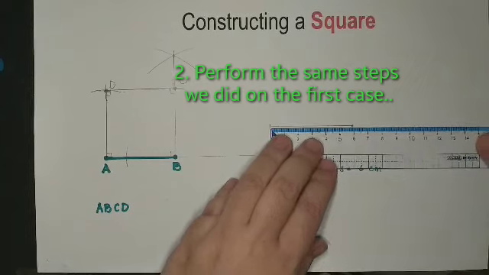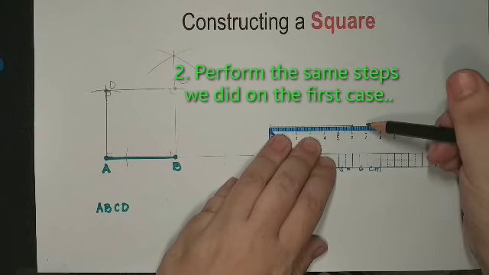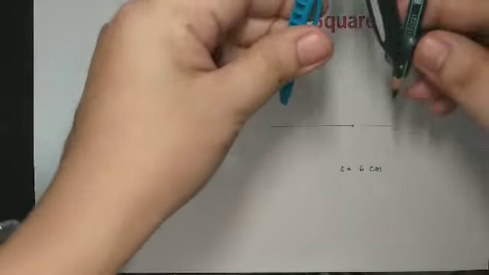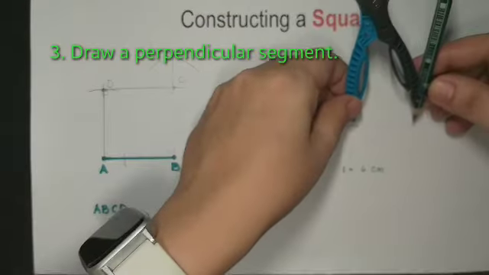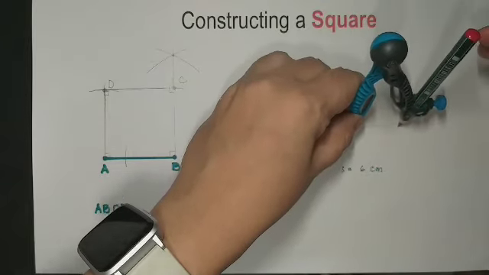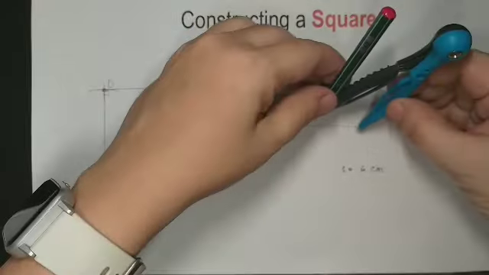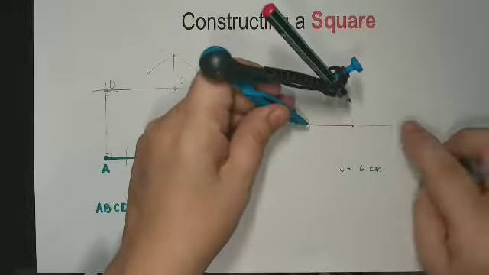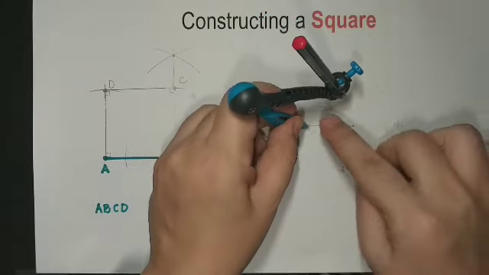So we have to extend this line further, and then we have to create an arc crossing this segment, an arc with this point as the vertex. Let's create a small arc here, and another arc on the other side with the same length of our compass. So now with this point of intersection as our center, let's create an arc above.